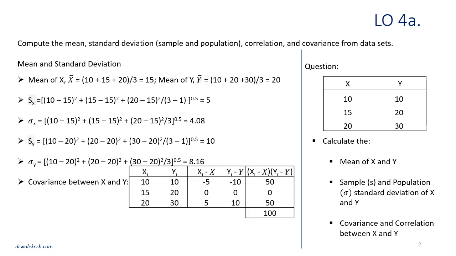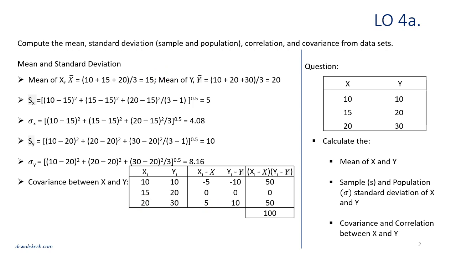So we need this table to help us out. So x1 is 10. So 10 minus x bar, which is 15, that will be minus 5. 15 minus 15, that will be 0. Then 20 minus 15 will be 5.